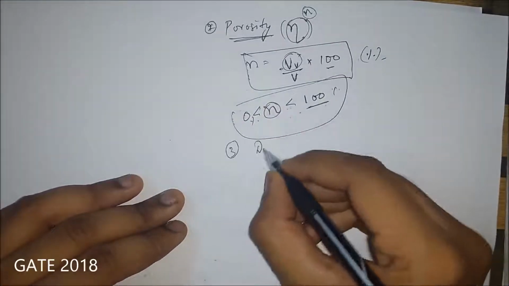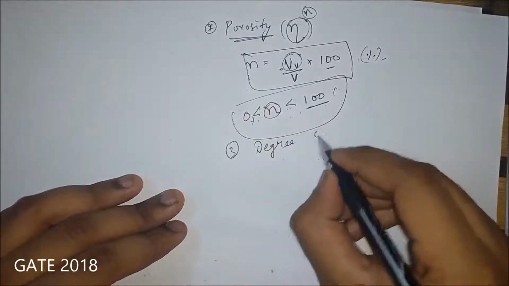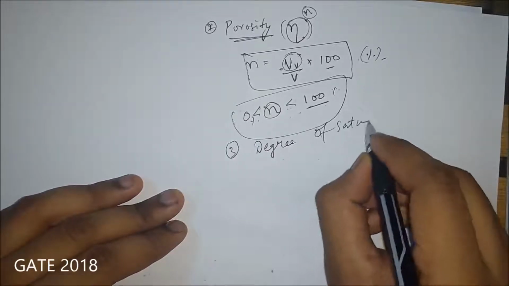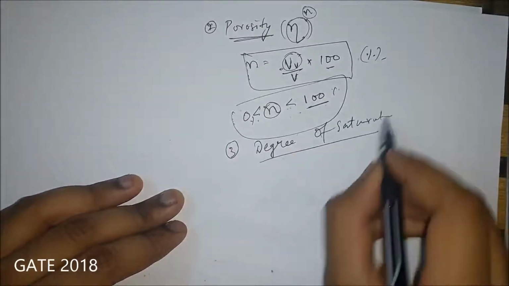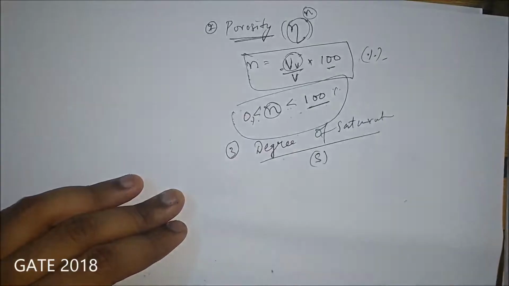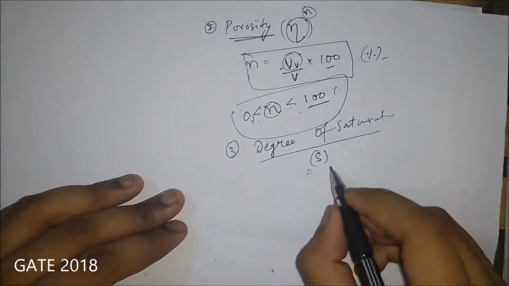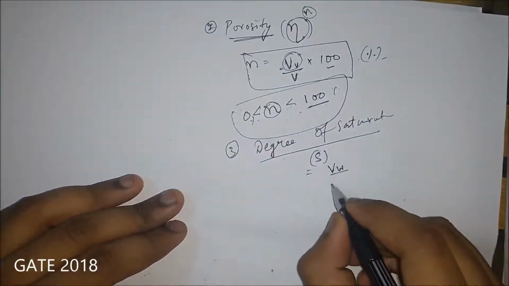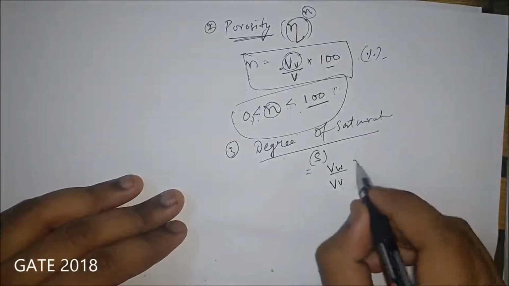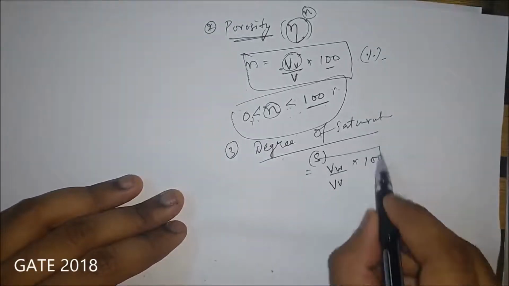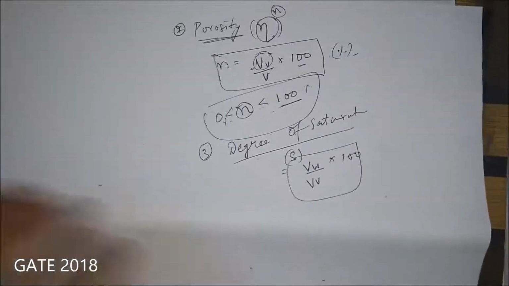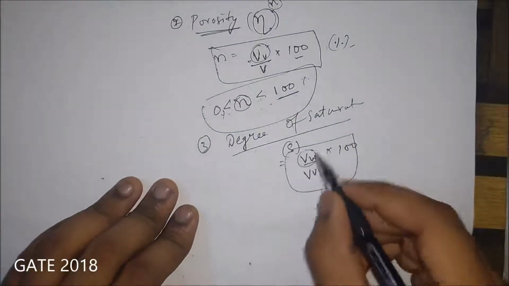Thirdly, we'll speak about degree of saturation. This is defined as S and given by volume of water by volume of voids into 100. Now, volume of water I have explained.